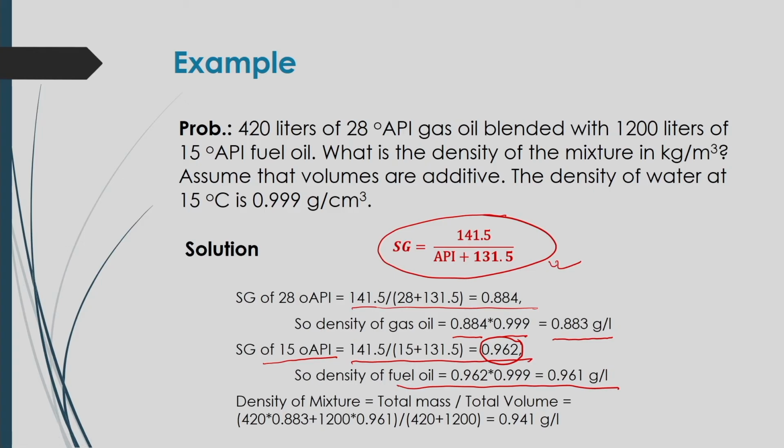The volumes are already given, one is 420 liters, another is 1200 liters. If you add them up, you will get the total volume. If you divide this total mass by this total volume, you can simply get the density of the mixture. So, in this way you can calculate the density of the mixture based on degree API of the substances.